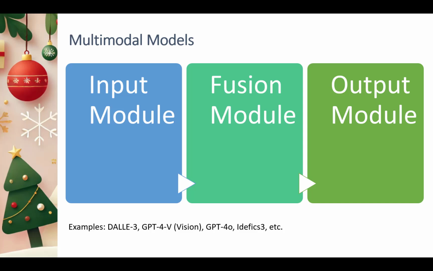And another example here is something like IDFix 3. It is also working with text and images. And there are lots and lots of different examples. Again, with the advancement of AI agents, we are getting lots of different options for multimodal models.